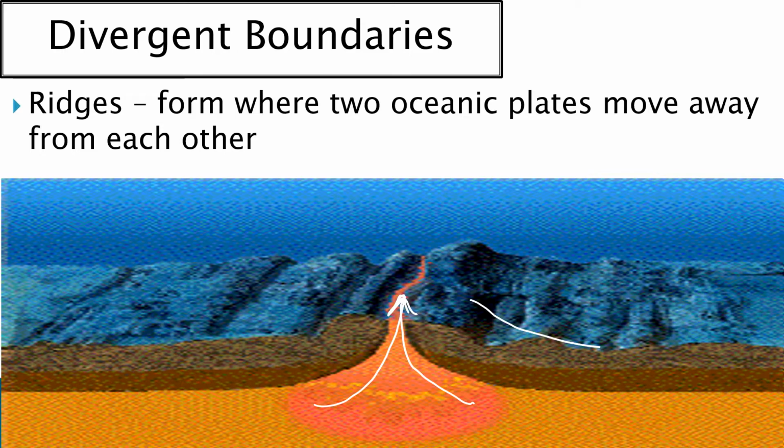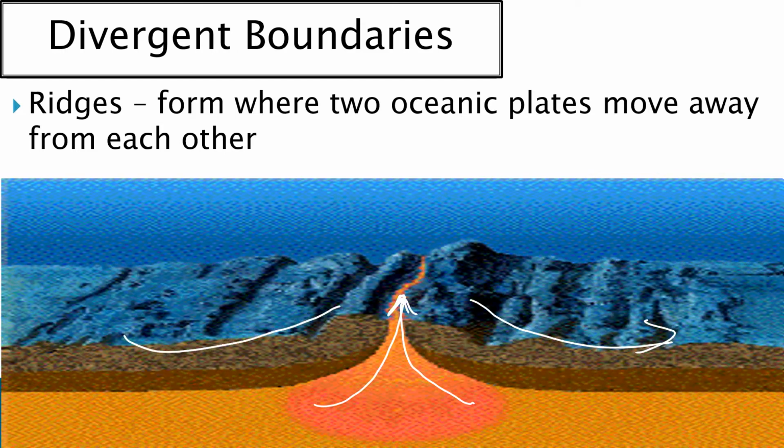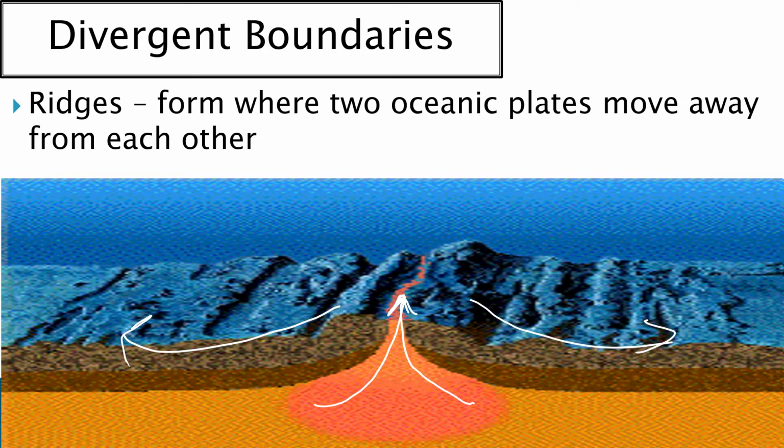And as these plates move apart, that molten material creates these ridges. And so we call these ocean ridges.